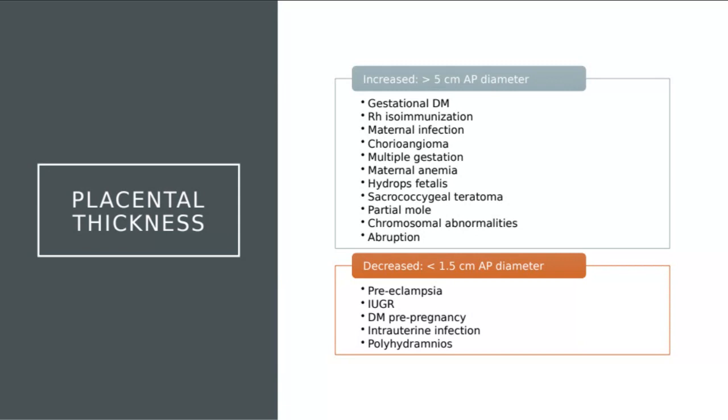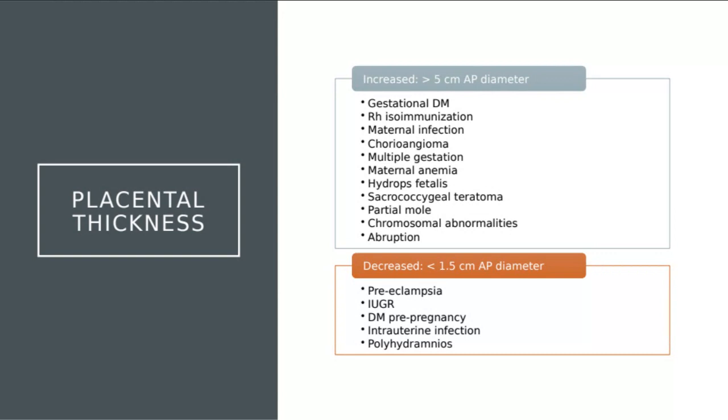If the mom has anemia, if there's hydrops fetalis in the baby, we'll talk about this as well, but basically that's when we have fluid accumulation in 2 or more pockets of the baby. If they have a sacrococcygeal teratoma, we will talk about that as well. If the pregnancy is a partial mole, so remember, with a partial mole, you can have a pregnancy developing along with that abnormal trophoblastic tissue. Any chromosomal abnormalities or abruption of the placenta. We will talk about abruption in a second.